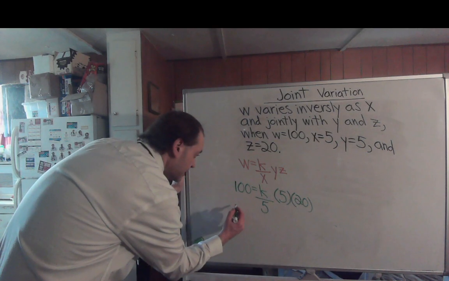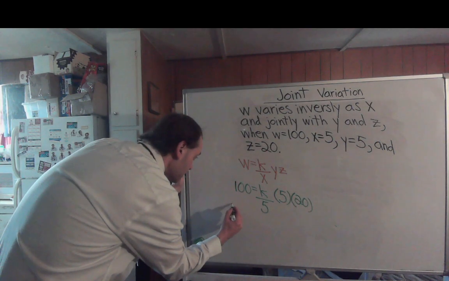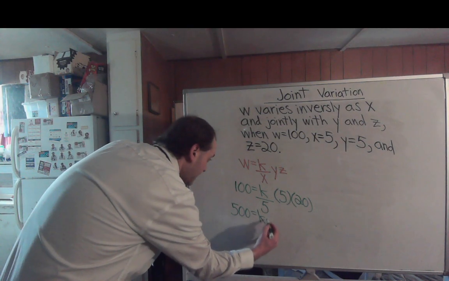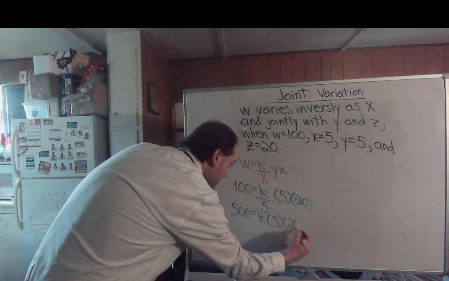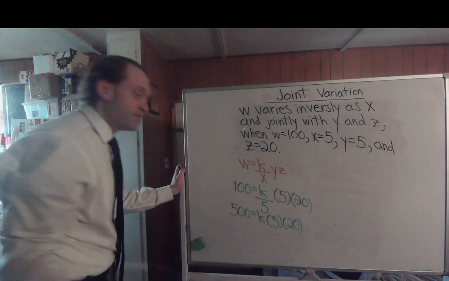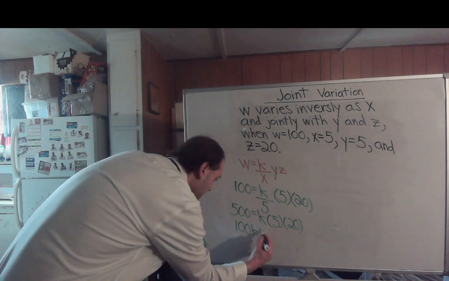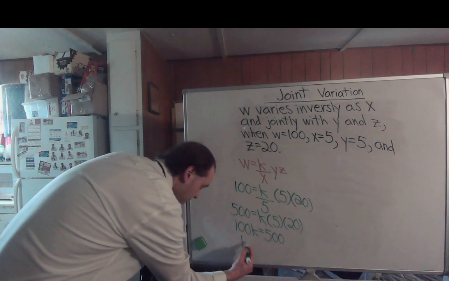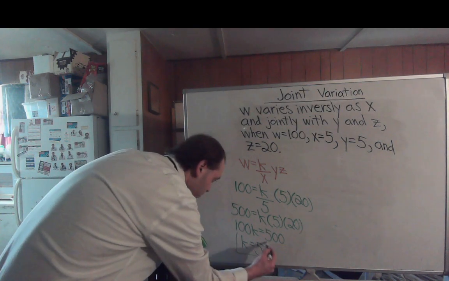That would have to mean that you would have 500 equals K times 50 times 20. Well, what's 50 times 20? That's 1000K. That means that 1000K equals 500, which would just mean that K equals 1/2. So your constant of variation is found.